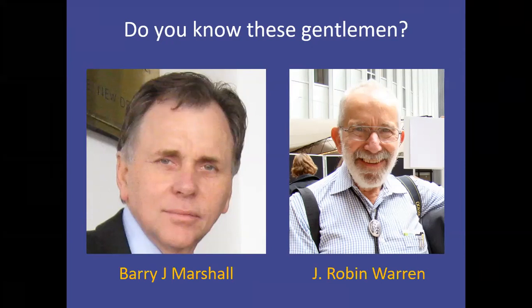Very interesting. These were two Australian microbiologists and pathologists who created a significant impact; they completely changed the healthcare and the management of peptic ulcer. Let me share with you my experience.